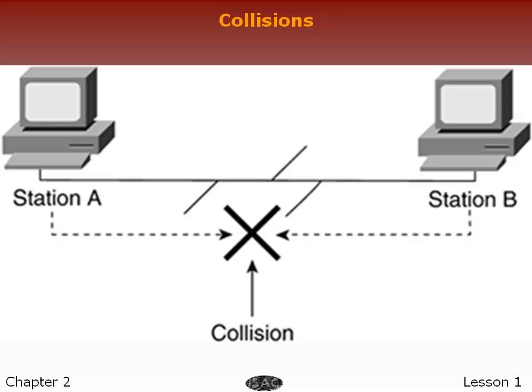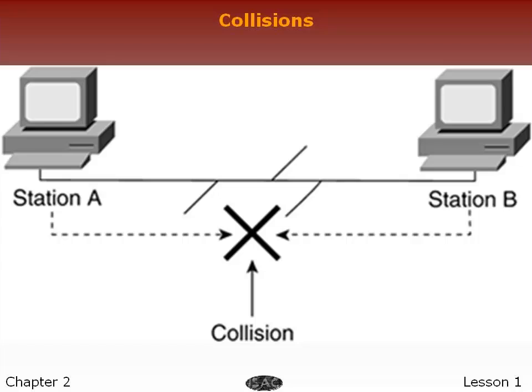Because the network medium is shared, a mechanism must exist whereby the network stations can detect network availability so that they do not transmit at the same time.